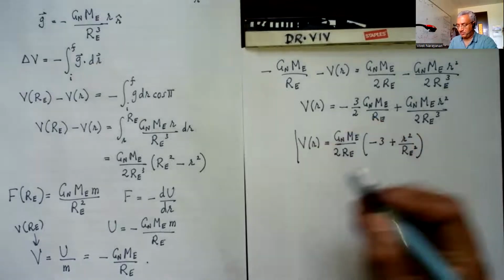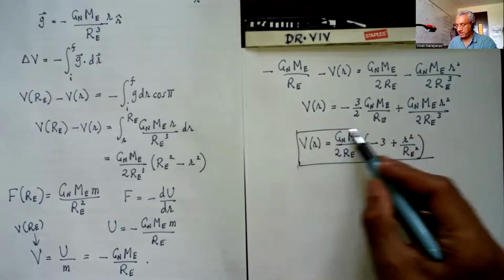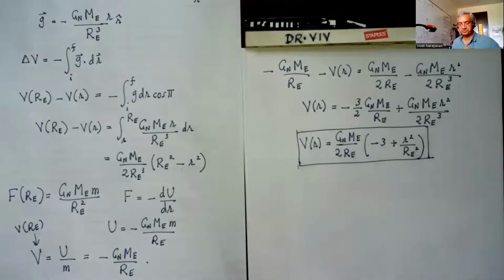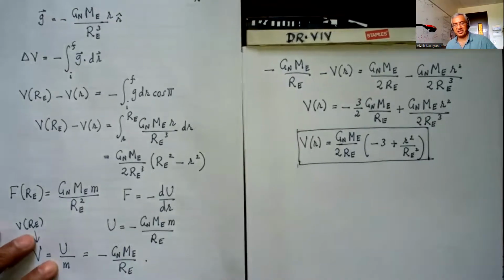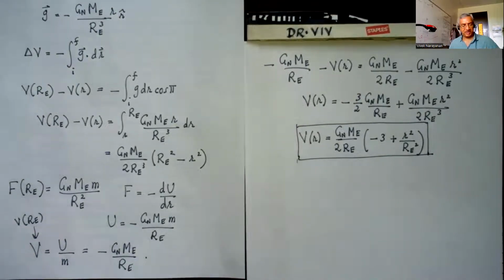That's the great formula for the potential inside the Earth. The gravitational potential inside the Earth. It's a calculation you never had to do in elementary physics because there are very few problems that involve a tunnel being dug under the Earth.